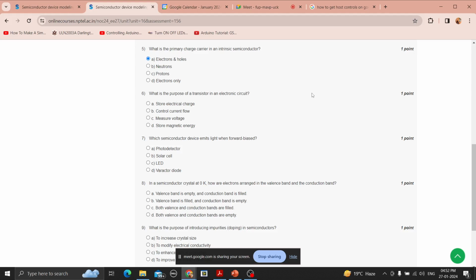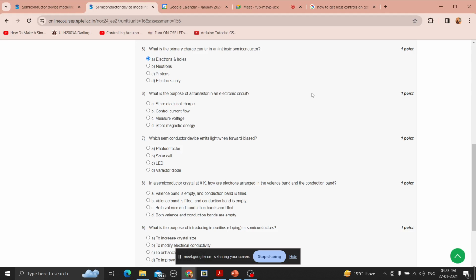I think you mentioned that there are no carriers in an intrinsic semiconductor. That is not right. There are no free charge carriers at absolute zero temperature. If the temperature is a little bit higher, not 0 Kelvin, there will be some free charge carriers.